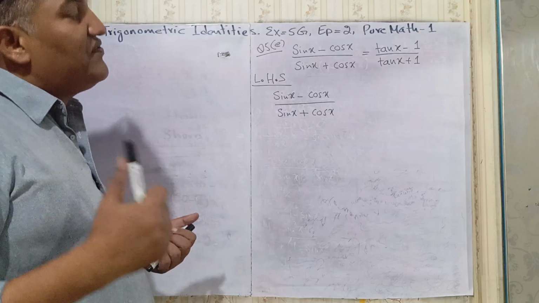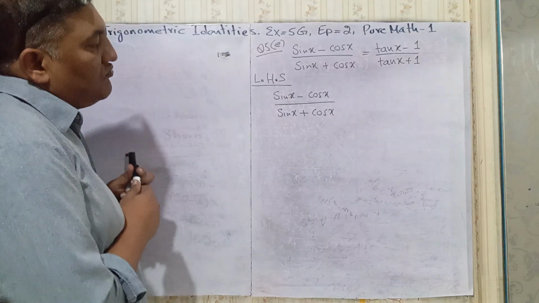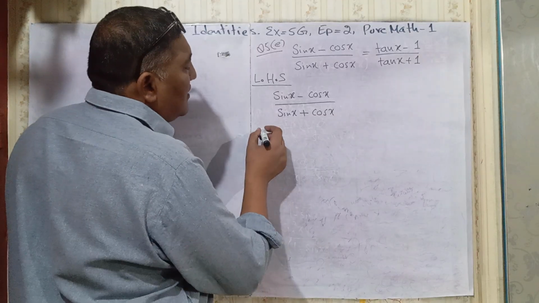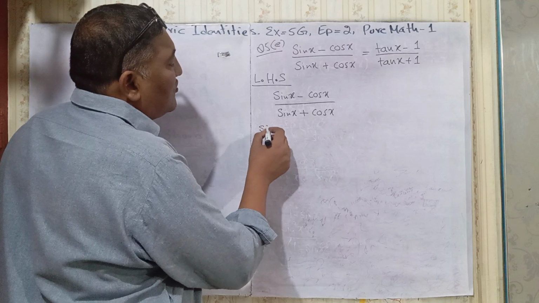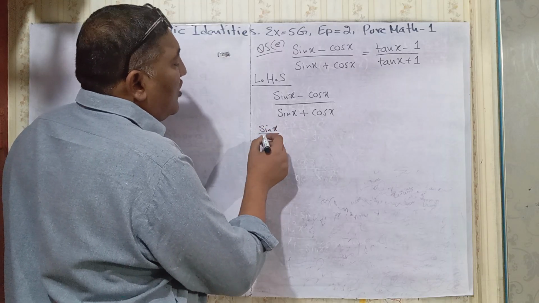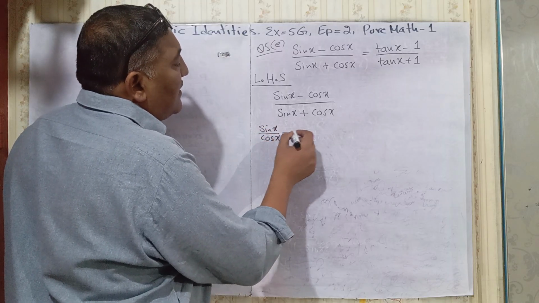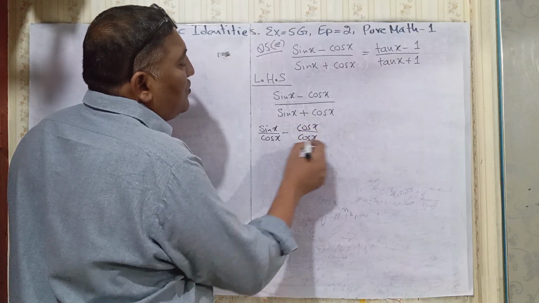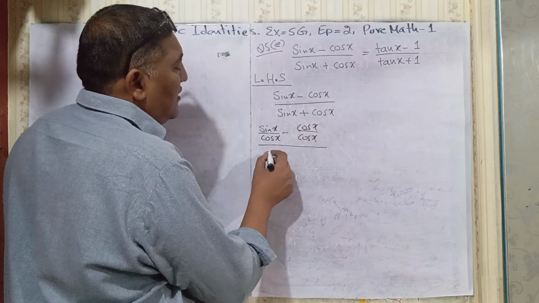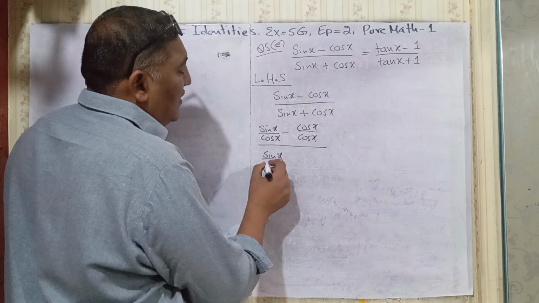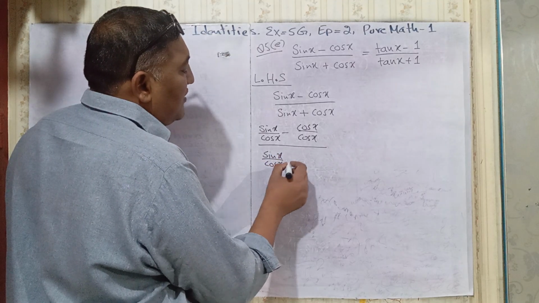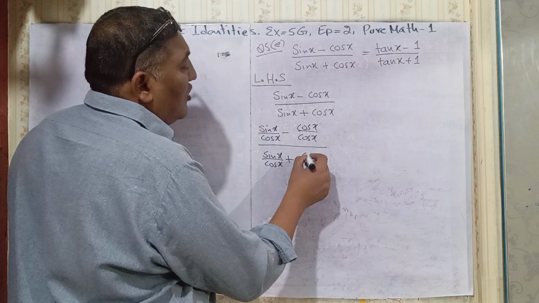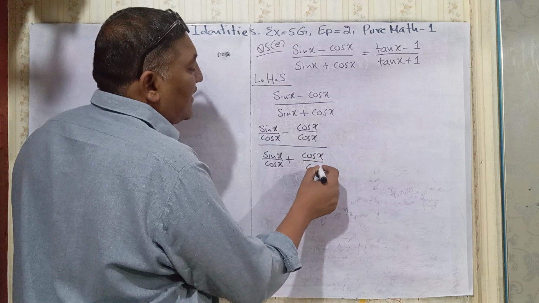I will divide the numerator by the cos x, sorry, I said tan x, I mean cos x. Same thing I will do in the denominator. So all the terms in the numerator I am dividing by the cos x.